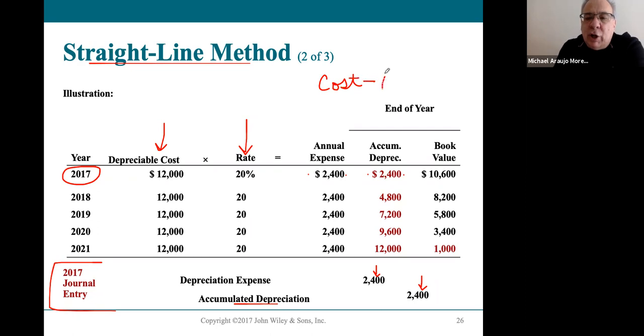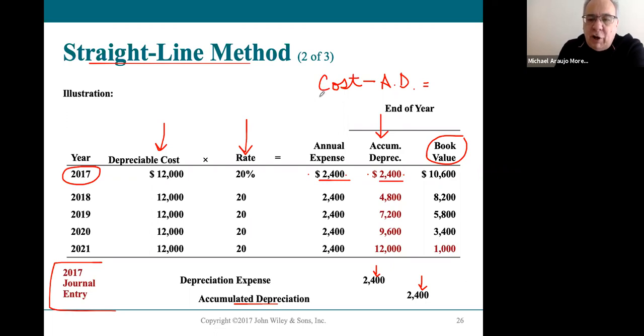Well, the difference between the cost of the asset minus your accumulated depreciation is going to be something called book value. Okay. And so book value is the difference between what it cost you and what you have already accumulated in depreciation. After the first year, you've depreciated $2,400, so that's the accumulated depreciation on the truck.